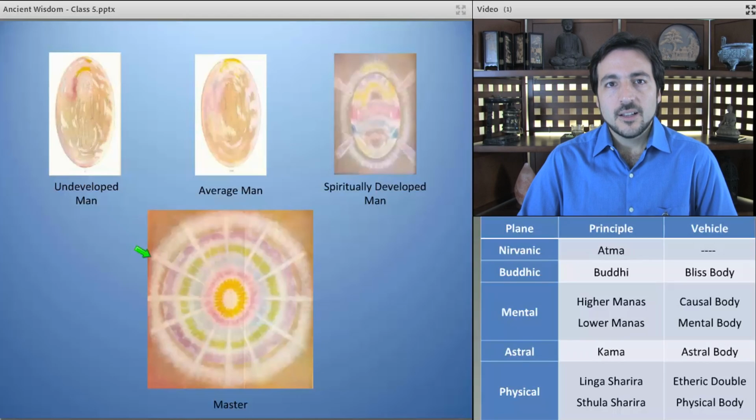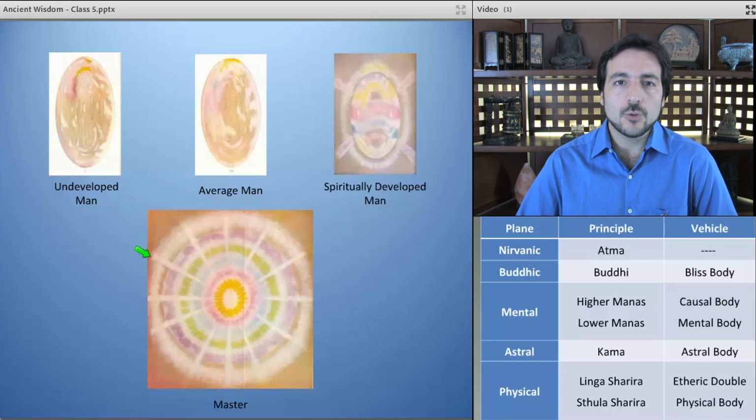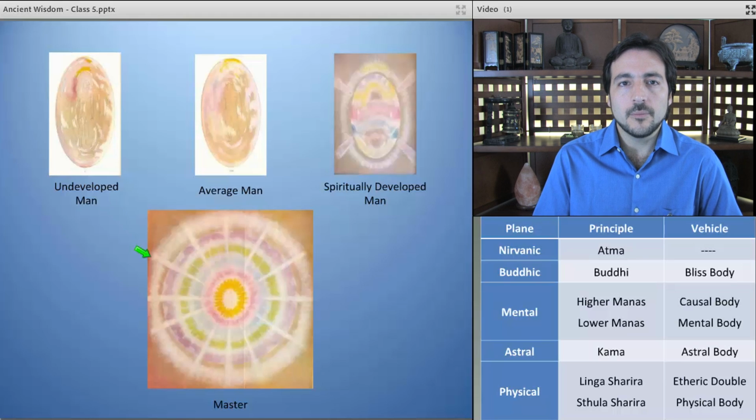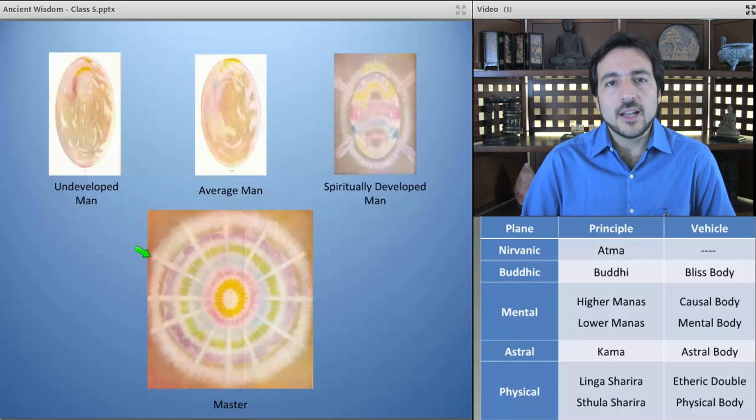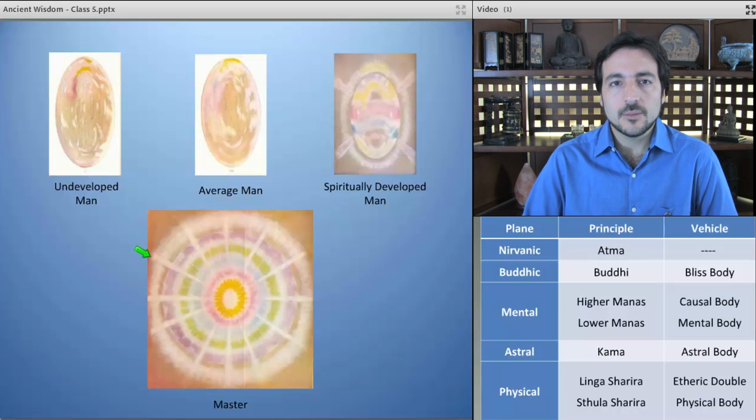In one part of the book, Annie Besant, talking about the Atman, the spiritual self, said the spiritual self on its own plane is always aware. And then when the spiritual self has to express itself through different vehicles of consciousness, and you get to the physical plane, that spiritual self is completely overwhelmed by matter.